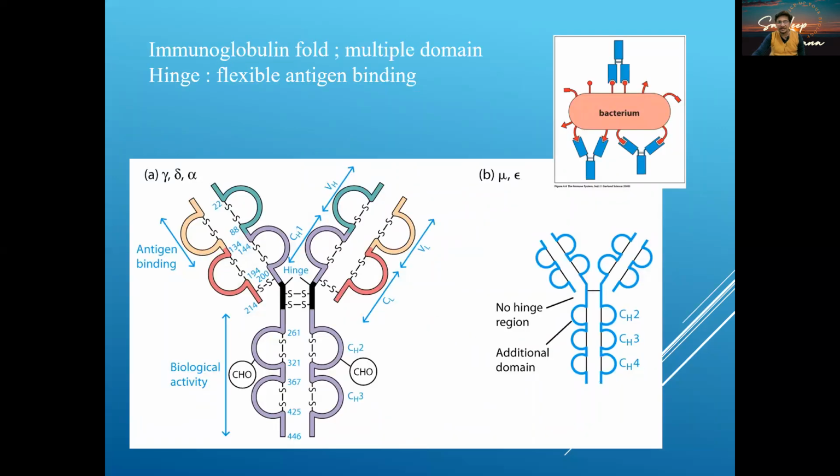This is the basic structure. If you look, there will be 5 chains in the constant region, which is part of the heavy chain. Three of them, if you see carefully, will have the hinge. You can see over here the gamma, delta, and alpha. That means it is going to make the IgG, IgD, and IgA.